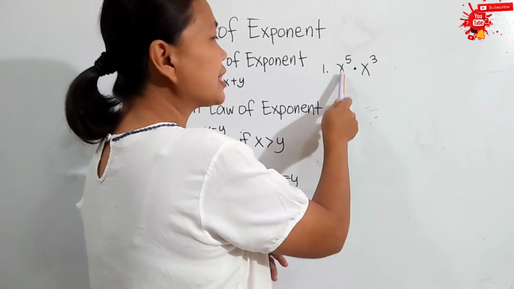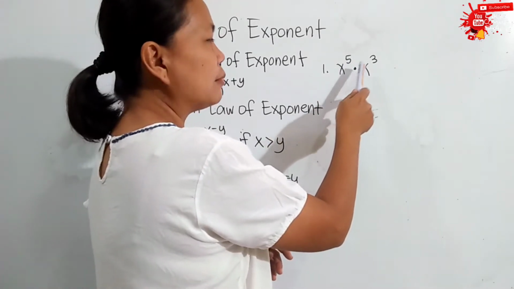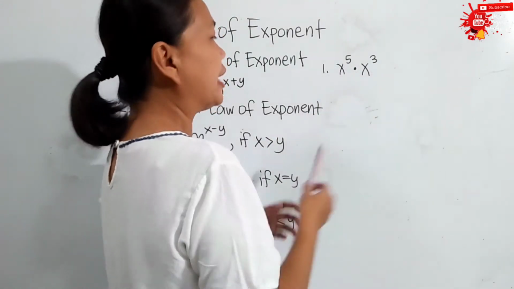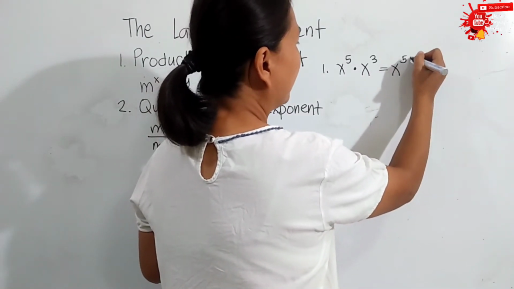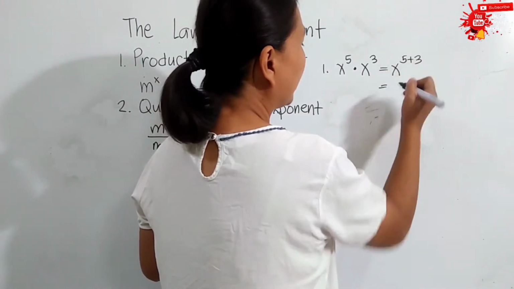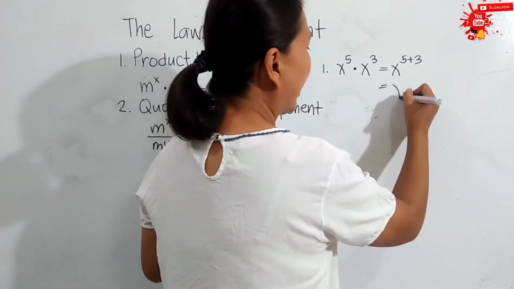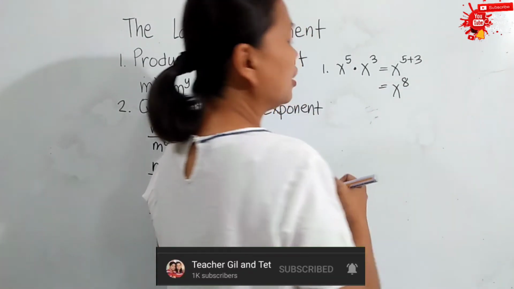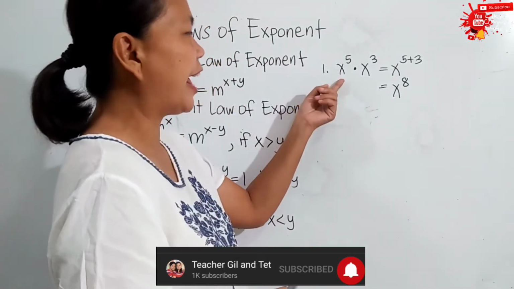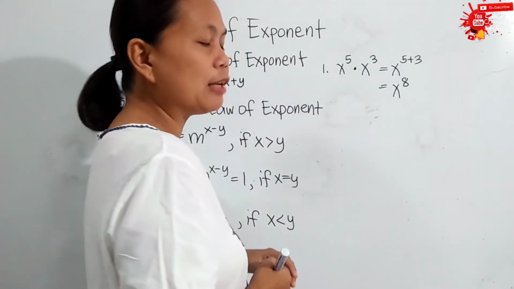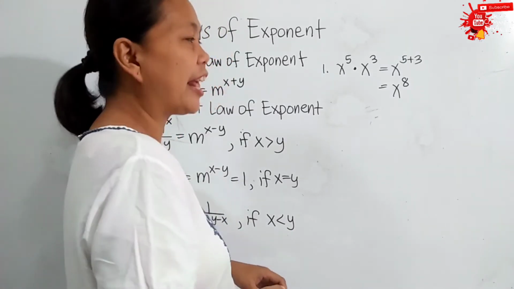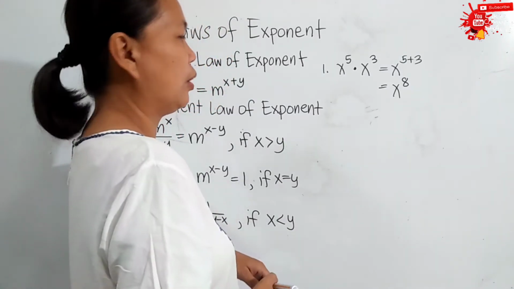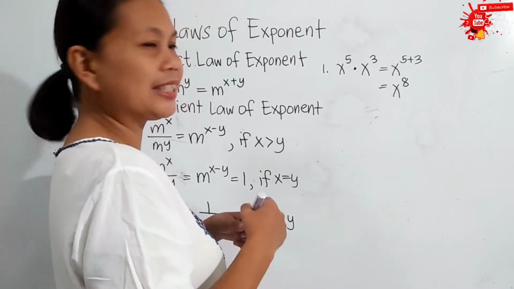So we have x raised to 5 plus 3. If we simplify it, it will become x raised to 8. Therefore, x raised to 5 times x raised to 3 is equal to x raised to 8.